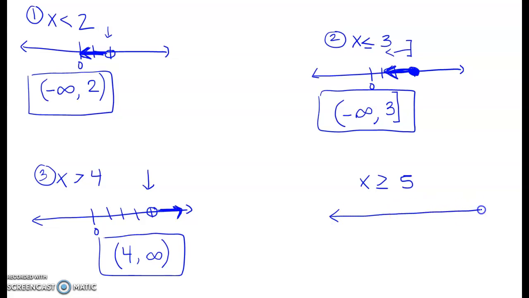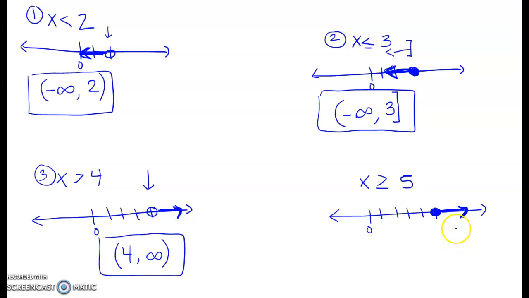Okay, let's look at this last one. So x is greater than or equal to 5. Because it's equal to, we're going to have a closed circle at 5. It's including 5. 5 is a solution to this inequality. So x is greater, it's going up to infinity. So there's our graph.